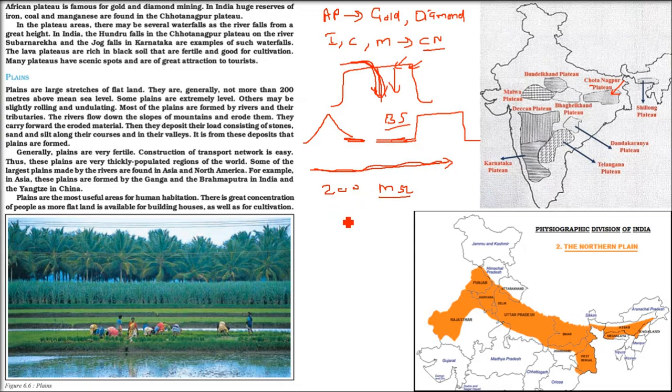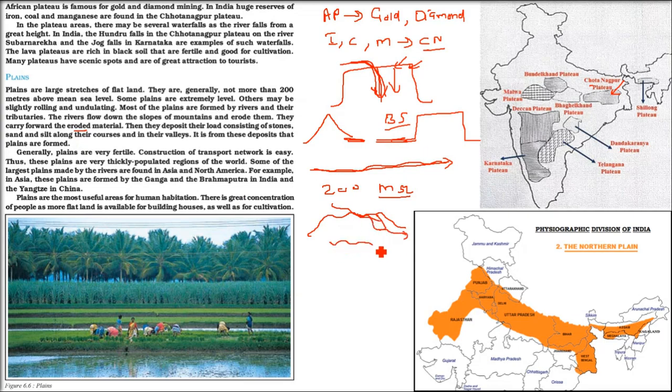Most of the plains are formed by rivers and their tributaries, because when the river is coming, tributaries also join it. The rivers come from the mountains and erode them. They take all the soil, small pebbles and stones, the eroded material, and bring it to the plain part.